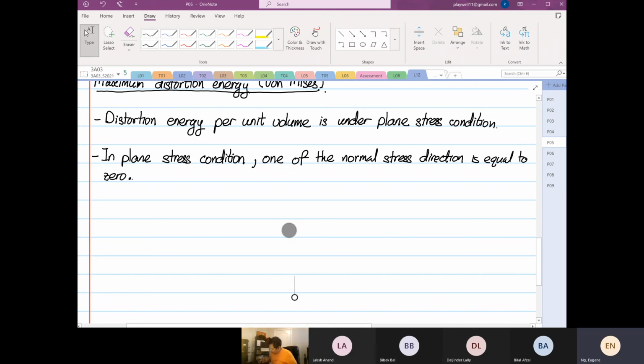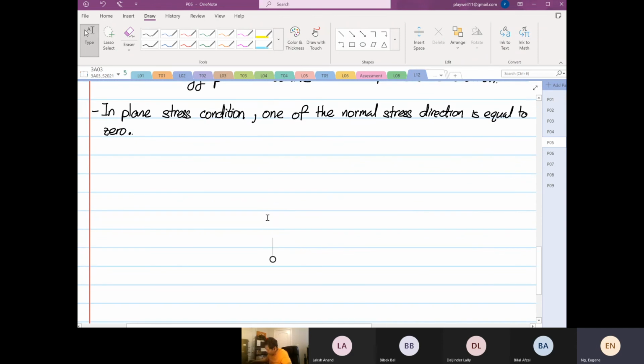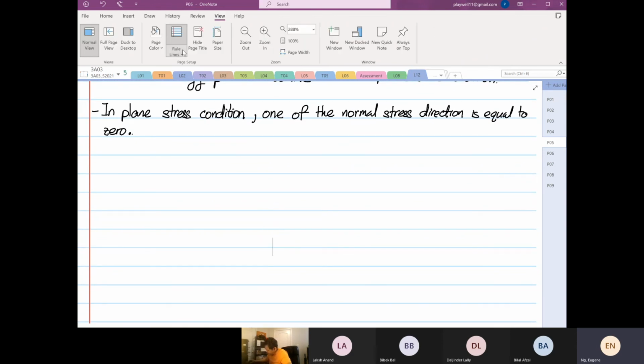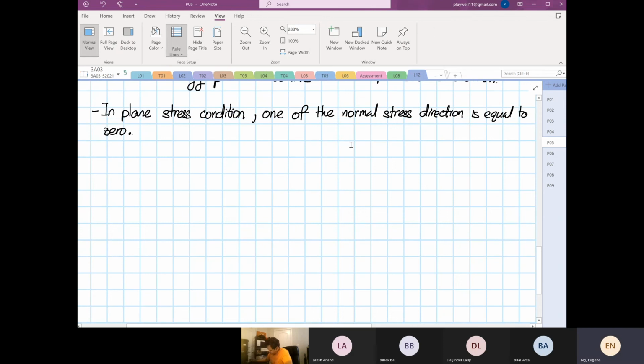So if I have a 3D element, I'm going to draw a 3D element now. This is X, Y, and this is our Z. So I'm going to sketch a 3D element.